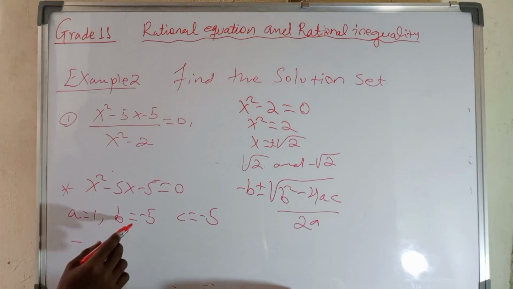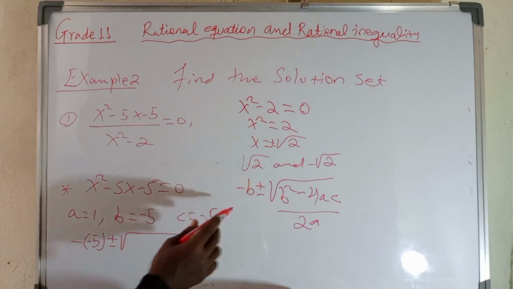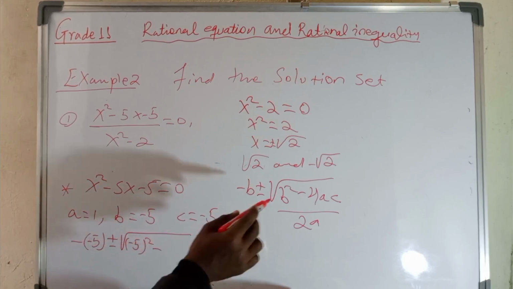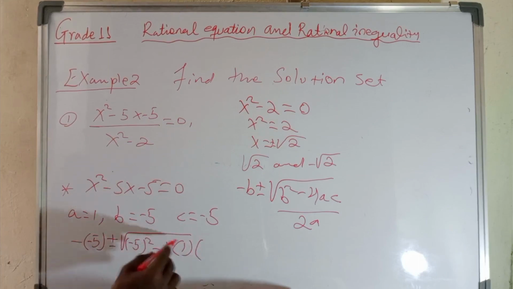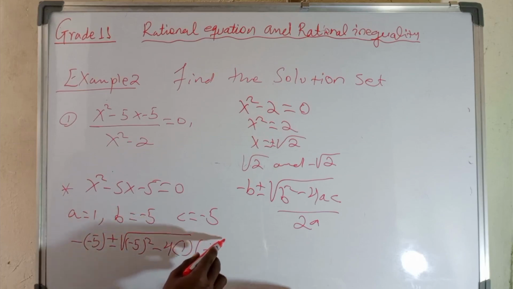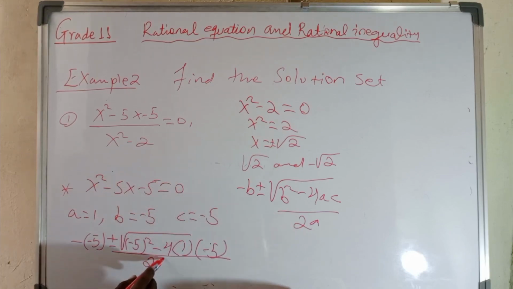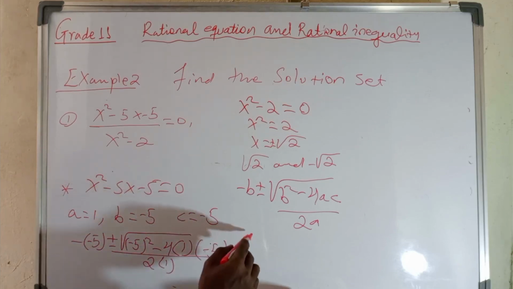Negative negative 5, plus or minus the square root of b squared. b squared is what? Negative 5 squared, minus 4 times the value of a, 1, times the value of b, negative, the value of c, negative 5, divided by 2 times a. 2 times a, the value of a is 1. What do we get? Negative times negative 5.